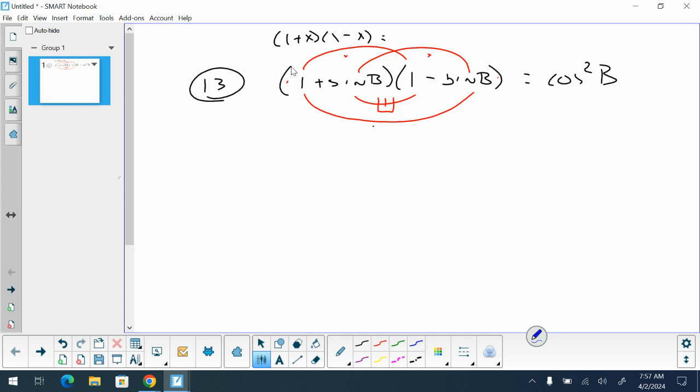So if we multiply this out, we should get 1 times 1, which is 1. We get a negative sine of b. We get a positive sine of b. Then we have a negative times a positive, so that's a negative. But we have sine of b times sine of b.